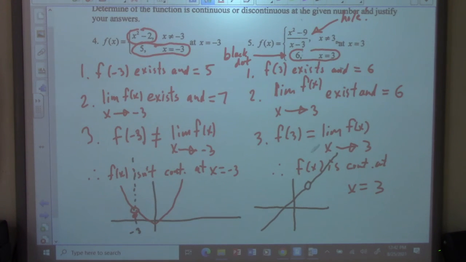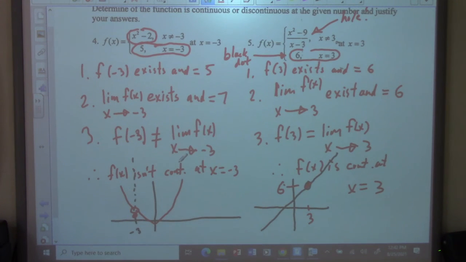Yes, it is, because the limit is 6, because that's the location. And also, the value of the function itself, which is right here, is going to fill in that hole. So the one on the left does not fill in the hole. This one here does fill in the hole. So that's why this one is continuous, but this one on the left is not.